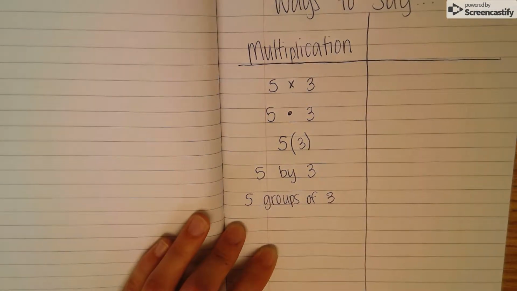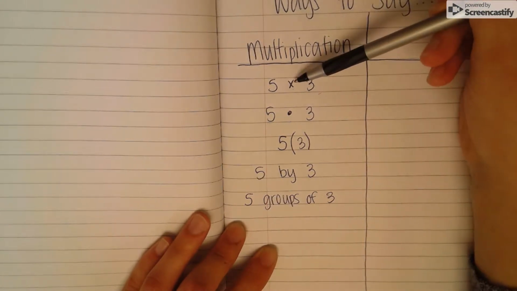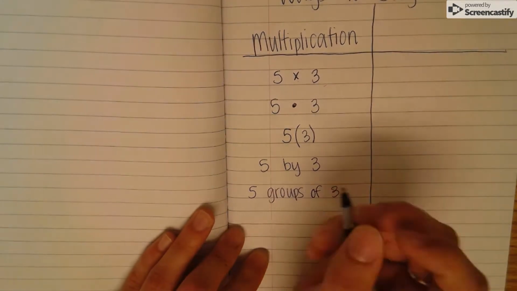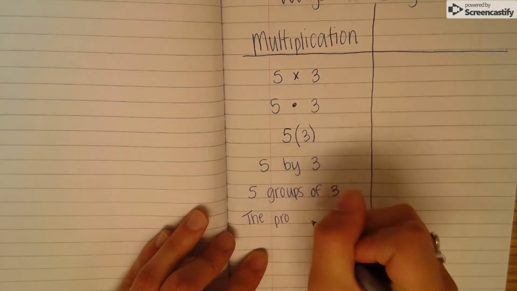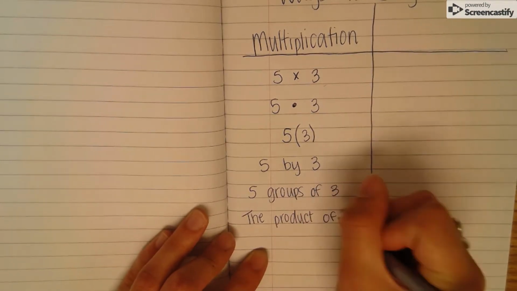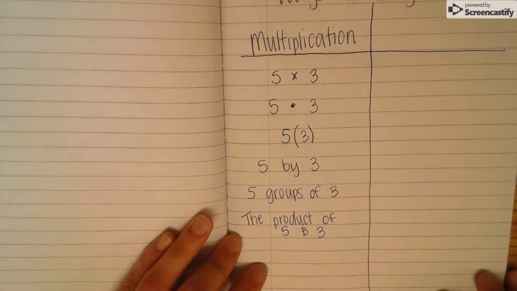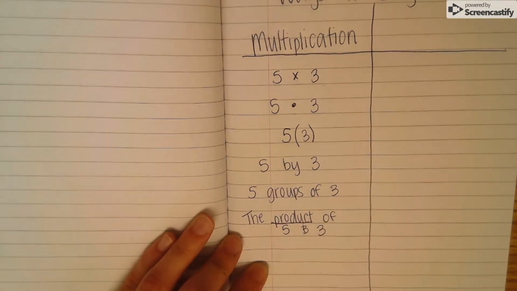We say 5 times 3, but this multiplication sign really stands for "groups of." We could say the product, bringing in that vocabulary word, the product of 5 and 3. That's another way to say it because product is the answer in multiplication.